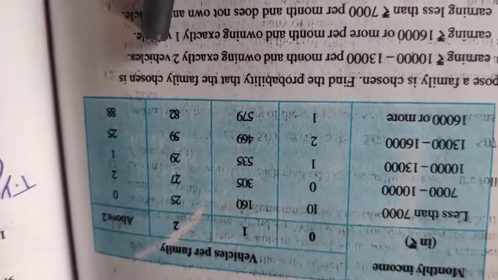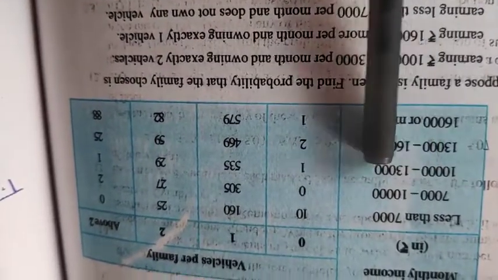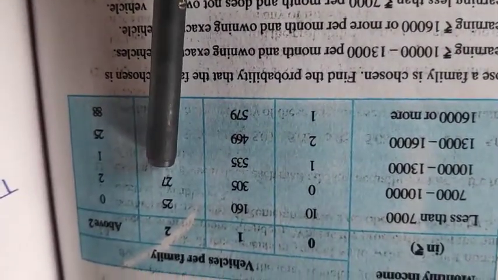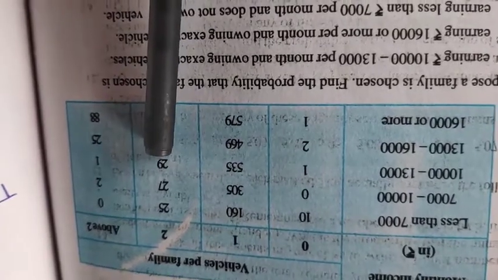First question which is given to you is those who are earning 10,000 to 13,000 of income and having exactly 2 vehicles. So 10,000 to 13,000 is this column. And 2 vehicles is here, 29. Did you get it? Corresponding is 29.